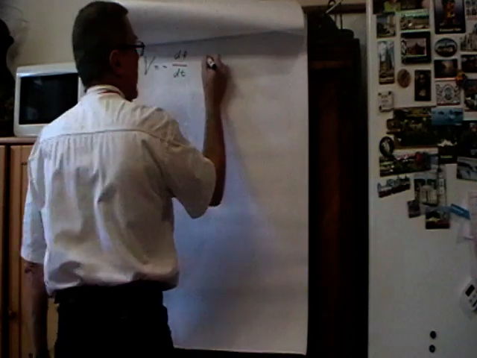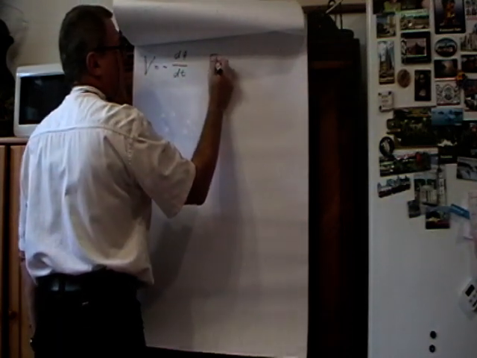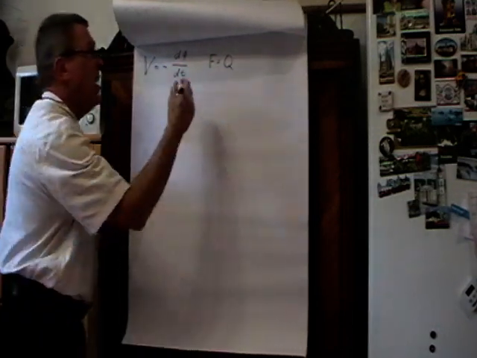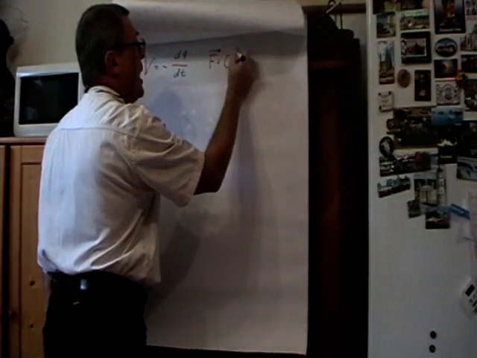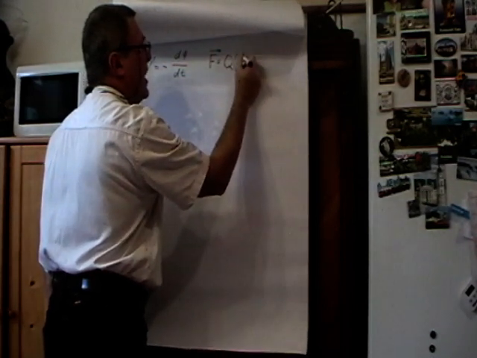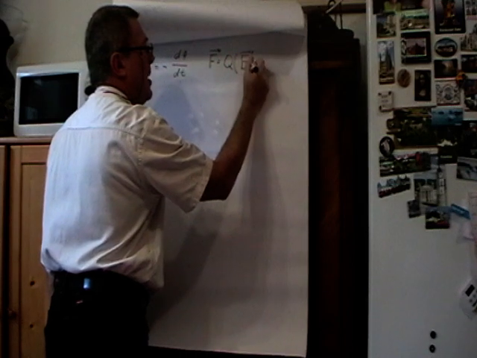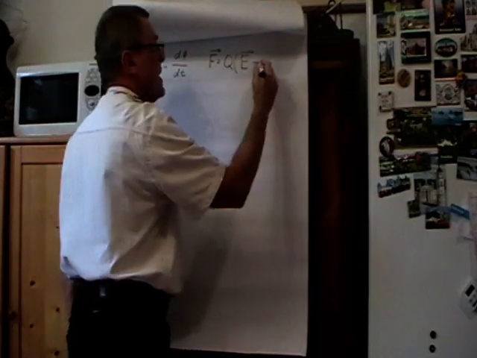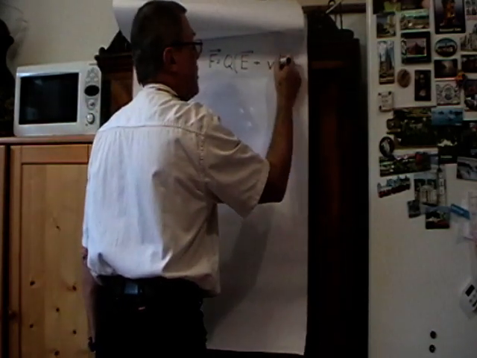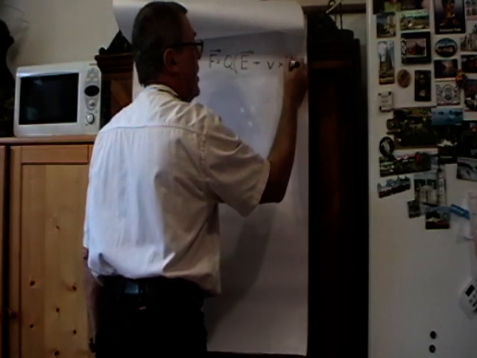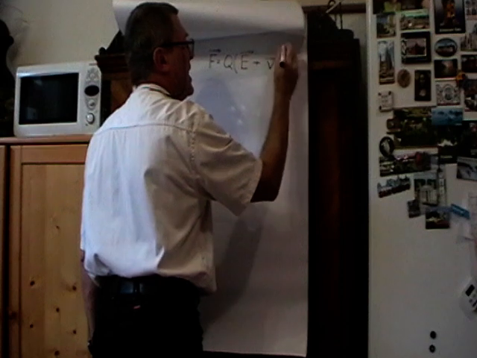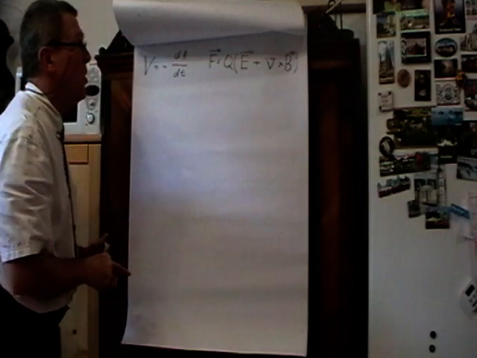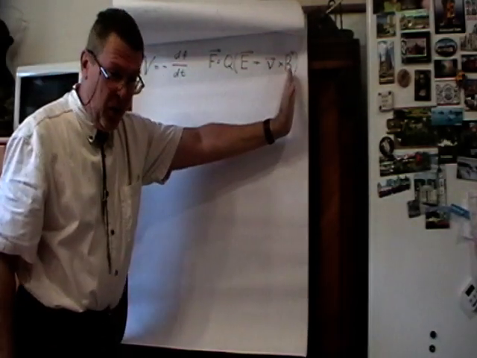That is, the force is equivalent to the charge multiplied by the electric field strength, which is the part of the force caused by the electrostatic field, plus the vector product of velocity and magnetic flux density, which is the magnetic part of the force.